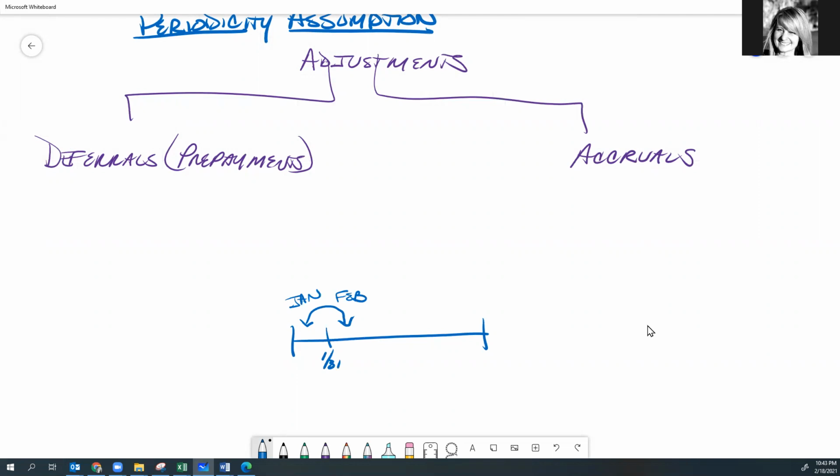I guess this could be baseball, maybe. Let's say the season ticket holders pay for their whole season tickets here in January. They're required to pay for it up front. So the franchise actually has the cash.